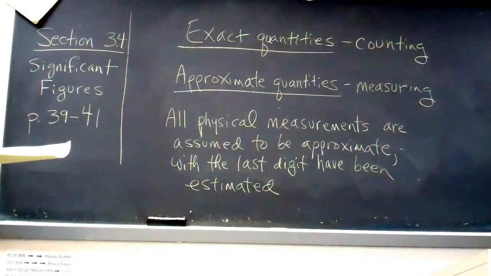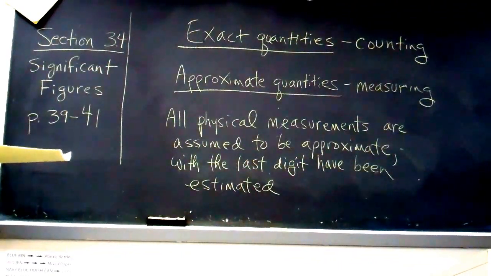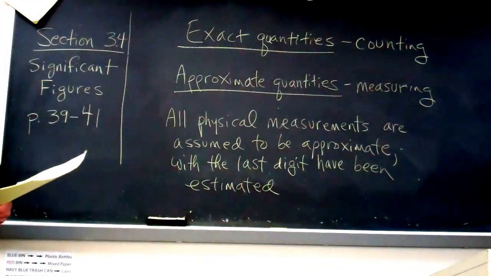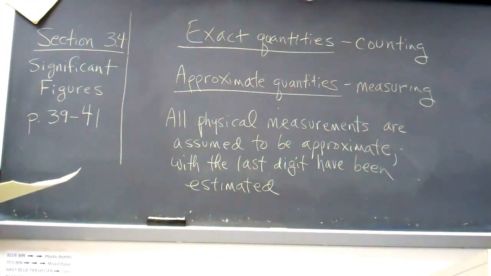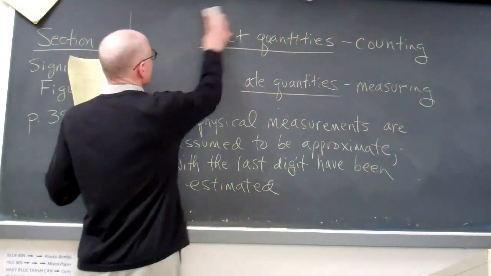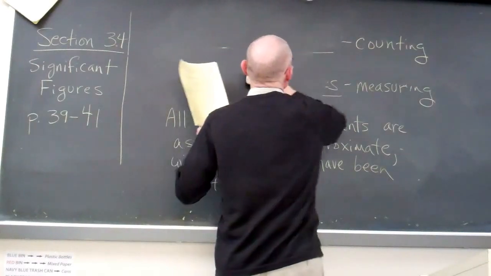You never know what the true measurement is. You can approximate it and get pretty close. Physical measurements are approximate because the last digit is estimated. So we'll apply significant figures to approximate quantities.